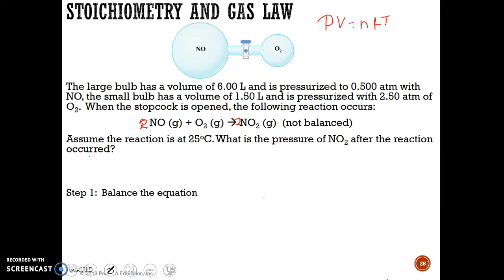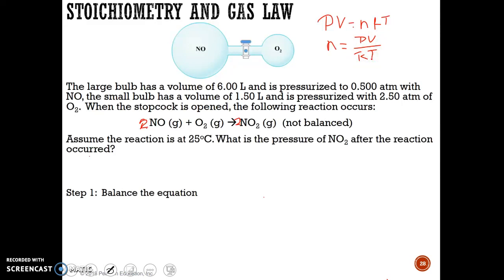So before the reaction occurs, we can calculate the amount of moles we started with. And so we can rearrange the equation and say n equals PV over RT.